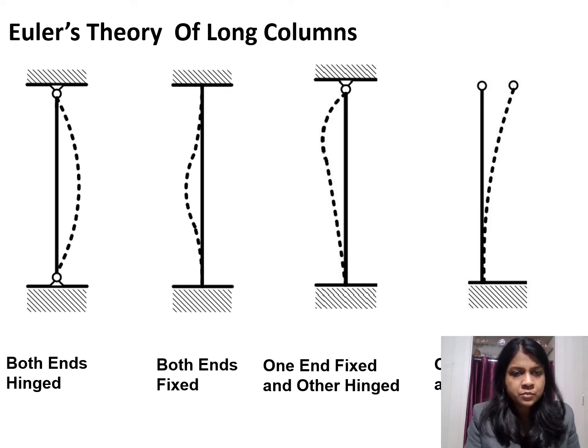In this condition, both ends are fixed. In this one, one end is fixed and the other is hinged. And in the fourth condition, one end is fixed and the other end is free. So for these 4 conditions, we have to derive 4 equations so that we can calculate the buckling or crippling load in the particular conditions.